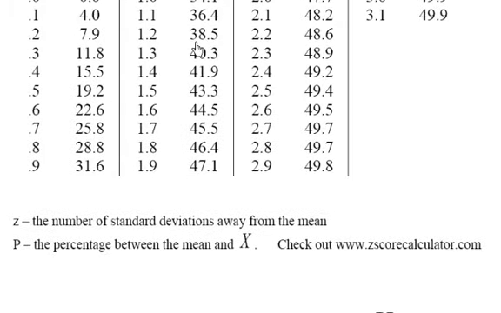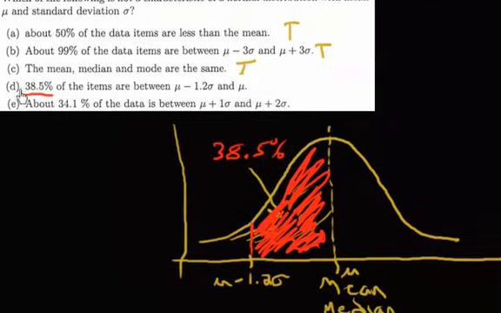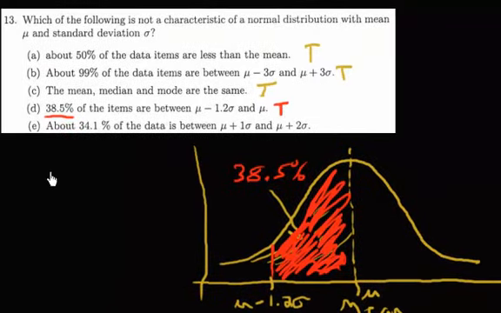So we're going to look for 1.2, which is right here, which is 38.5%. So let's go back. That would mean that the percentage between the mean and 1.2 would be 38.5%. That's exactly what this said. So D is true.